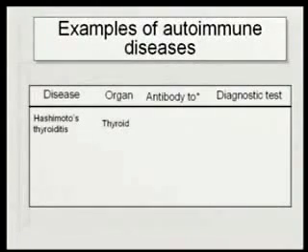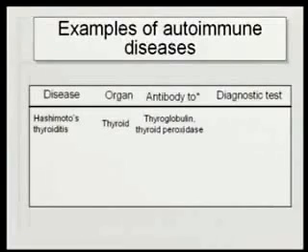Here I've got the list. Hashimoto's thyroiditis: antibodies to thyroglobulin and thyroid peroxidase. If the antibody is against the tissue, okay, what sort of immunological test are you going to use? Dr. Mayer told you about immunofluorescence, tissue-bound, okay?